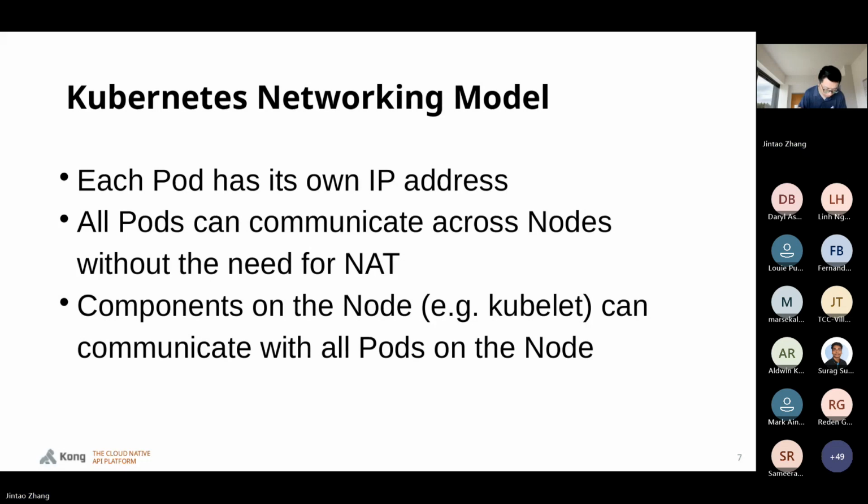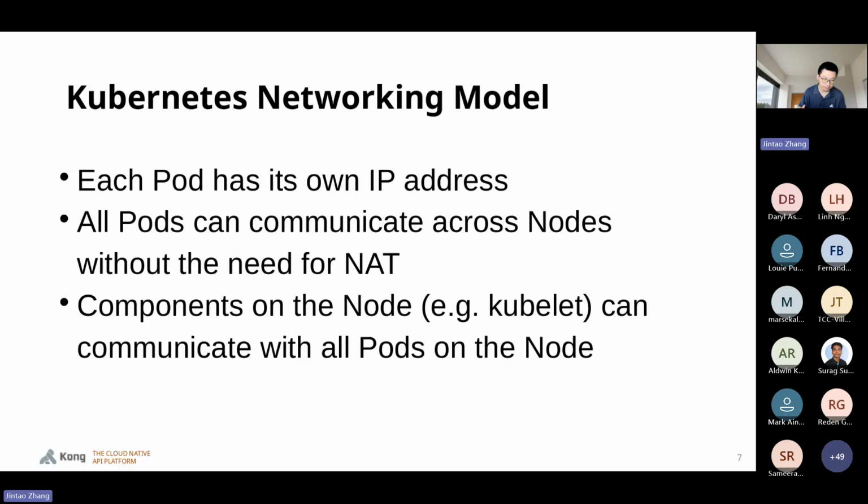This is very important, and it differs from the traditional deployment where containers or applications on the host might share the host's IP address. This unique IP per pod simplifies application configuration, and it means that each pod can be treated as if it's a physical host on the network, making network policies and communication more straightforward to manage.